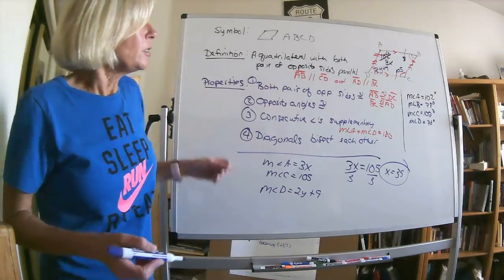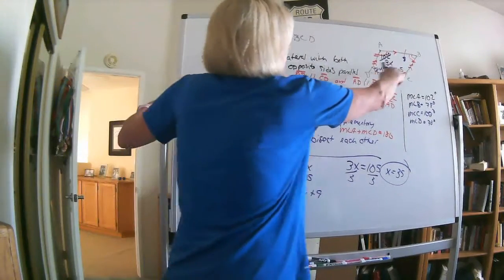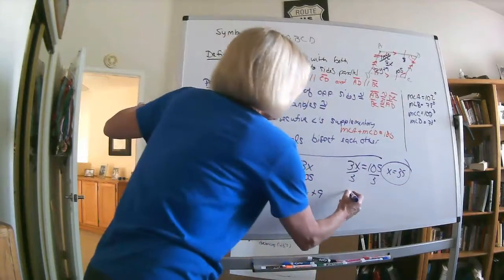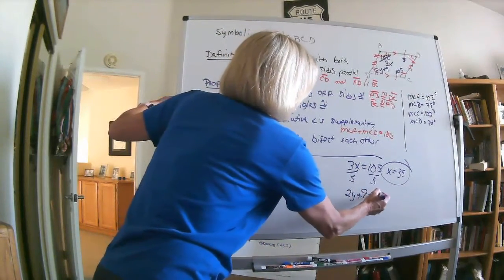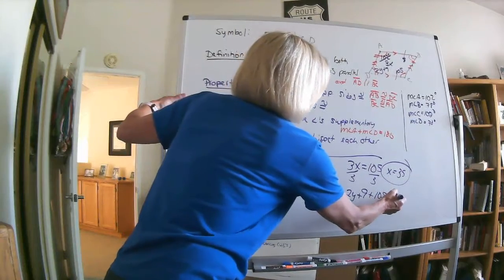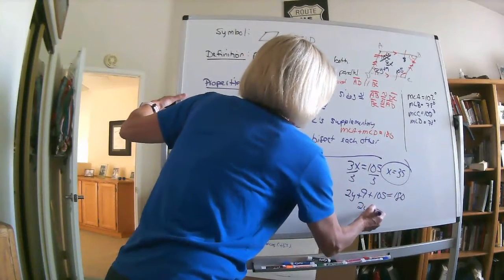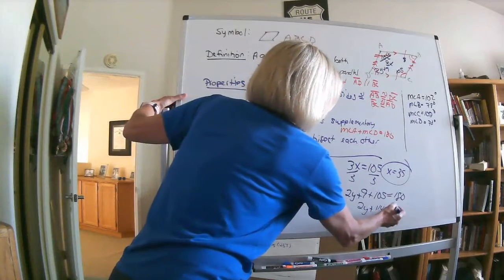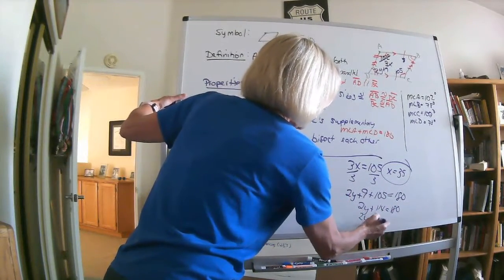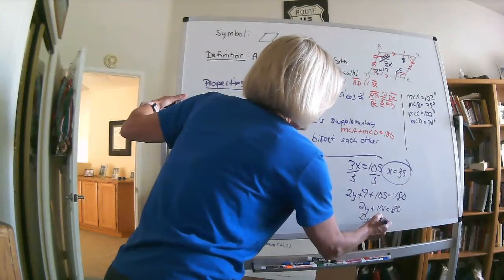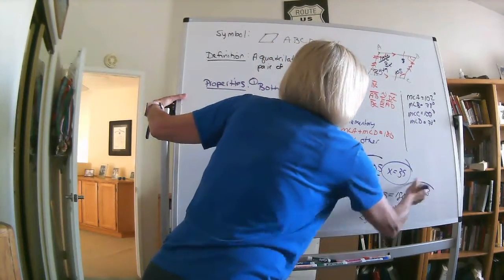Well, I know that angle C is 105, so angle D plus angle C equals 180. So 2y plus 9 plus 105 equals 180. If I just solve this, subtract, I end up with 2y equals 66 and y equals 33.